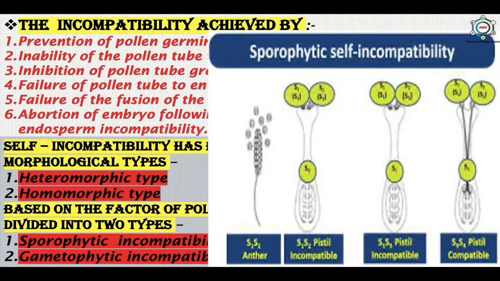So this is a picture which shows sporophytic self-incompatibility, and here the secretion of stigmatic tissue or the transmitting tissue prevents the germination or growth of incompatible pollen.